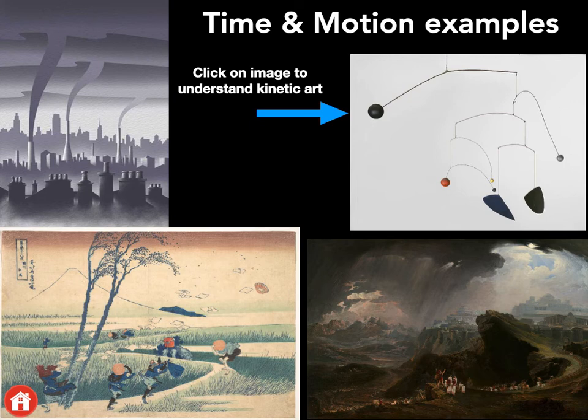The smog created from the smoke coming out of the chimneys is suggesting motion. On the right here in the PowerPoint online, you can click on it and you can see a 40-second video of it moving in time. But it's a mobile like any other mobile by Alexander Calder, who was the first artist to create a mobile.